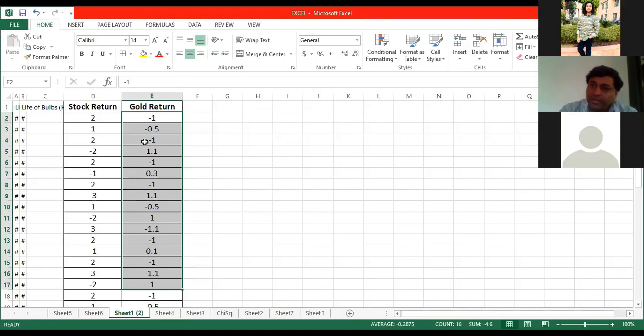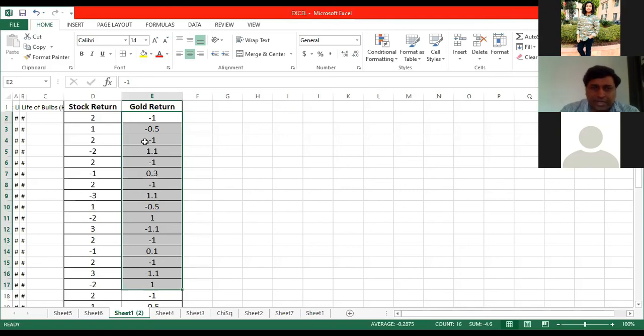You can find out between two stocks also, or between two different markets, like the Indian stock market and the US stock market, how they are correlated, and you will find that they are positively correlated. Means whenever the US market goes up, the Indian stock market also goes up. If the US market goes down, the Indian market will also go down. So there is a positive correlation. Similarly, between different asset classes like gold and stocks, you'll find a negative correlation. Sometimes it is a strong association, sometimes it is moderately negatively associated.